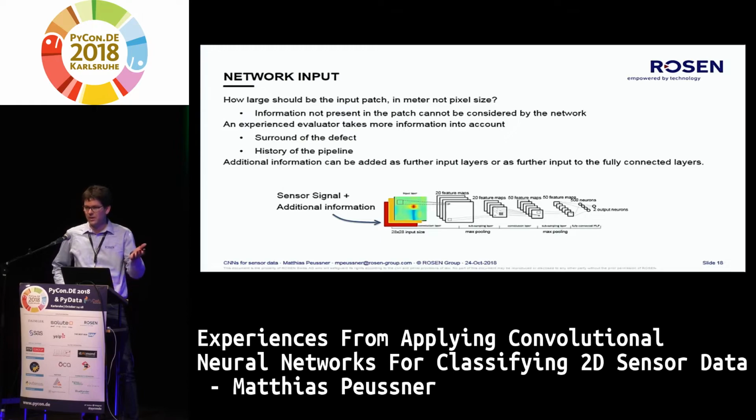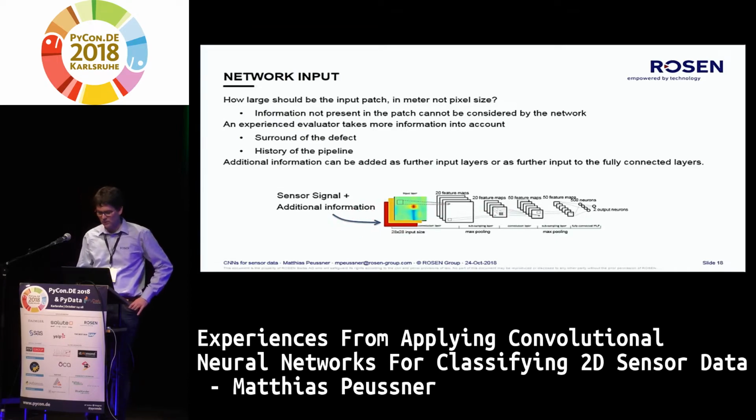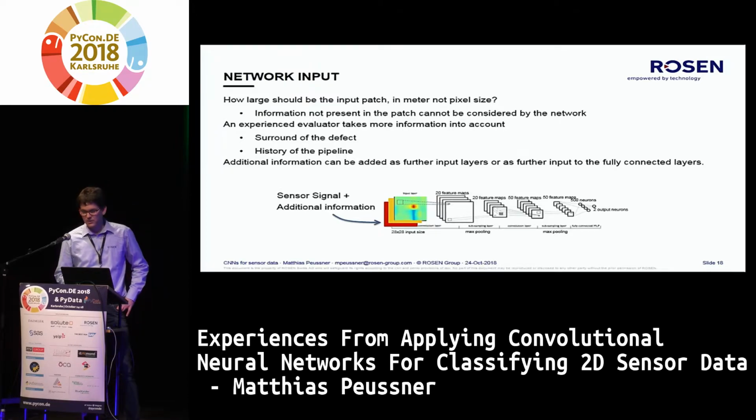For example, you can add the known wall thickness of the pipeline as an additional layer to your sensor data. Another possibility is to add additional neurons at the last hidden layer, but I prefer to add it directly to the convolutional layers, so the convolution layers can learn from that information.